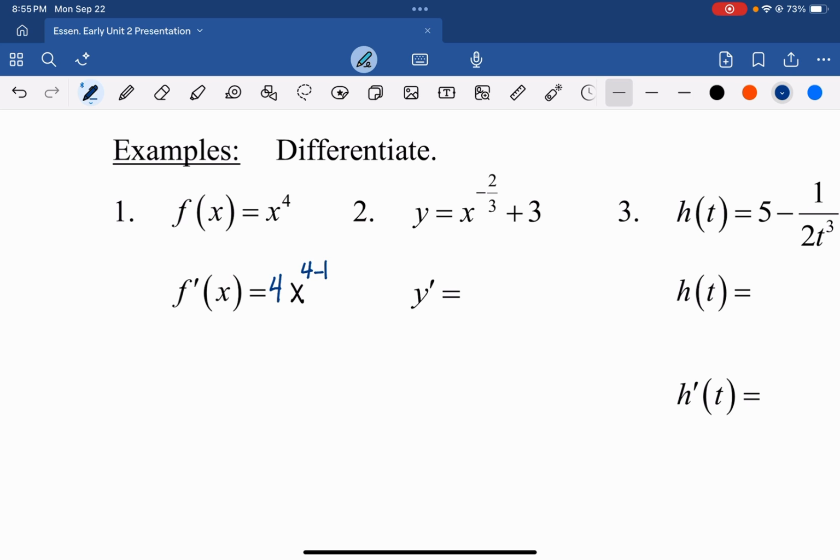So I'm going to rewrite that. My f prime of x equals 4x to the 3rd. And that's it. So that's going to be the slope of my tangent line. Okay, that gives me that equation.